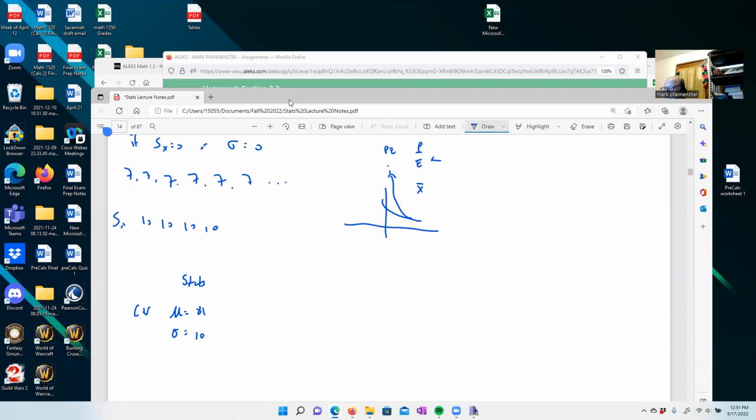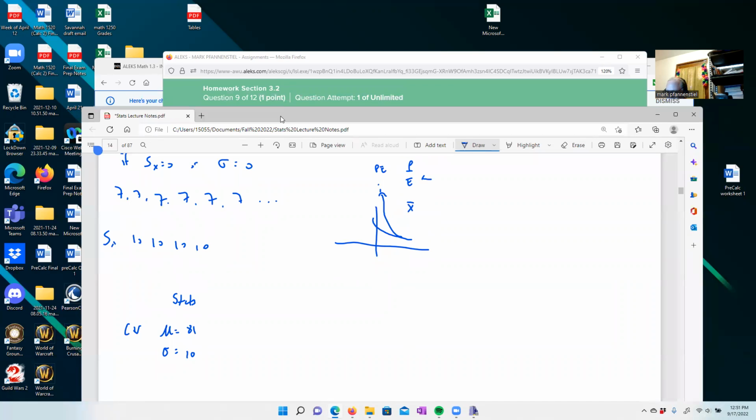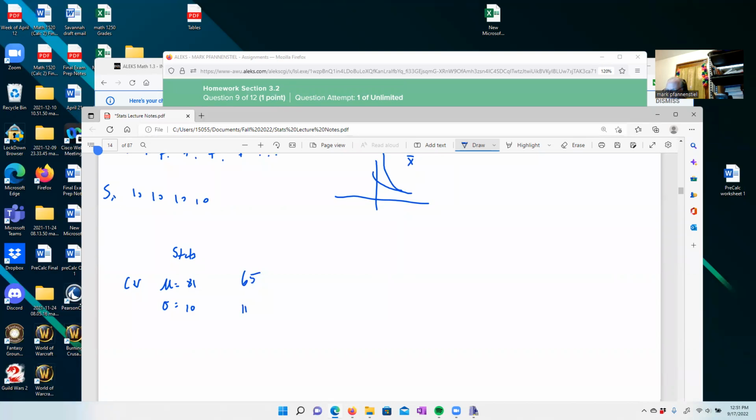So we have 65 and a standard deviation of 11. All I want you to do is just take our coefficient of variation, and we're just going to take our x bar divided by s, or mu over sigma. Either way, and that's all they want us to do with that.